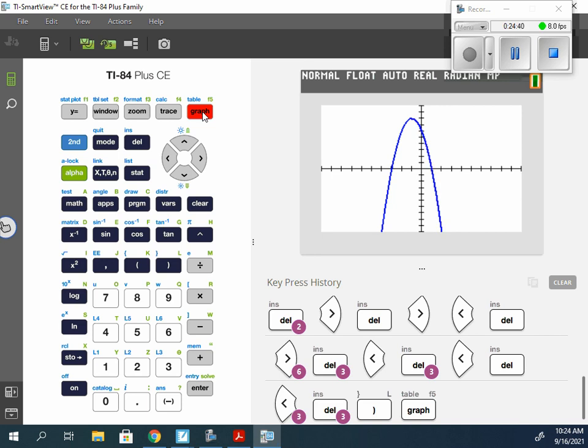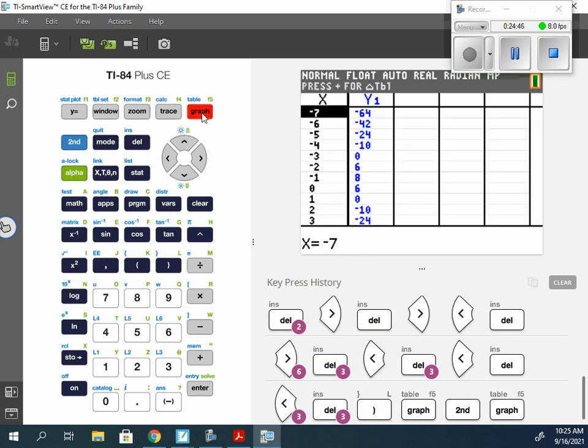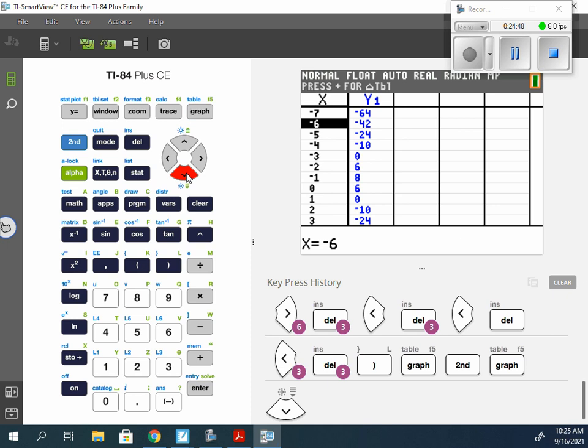There are our 2 intercepts at 0, yes? We can go second table and look at this here and see. We have our 2 points where the graph is at 0, yes?